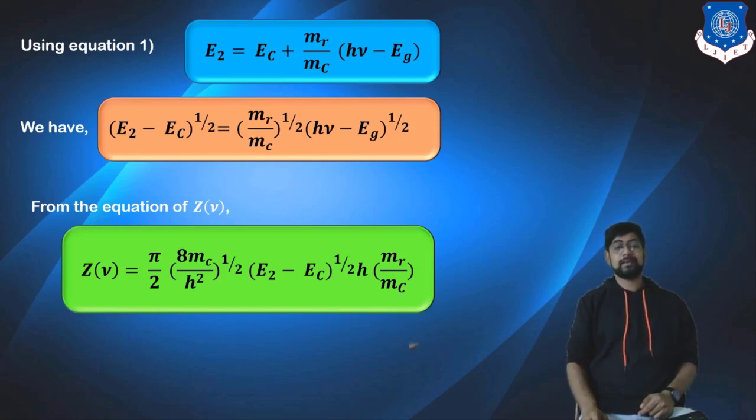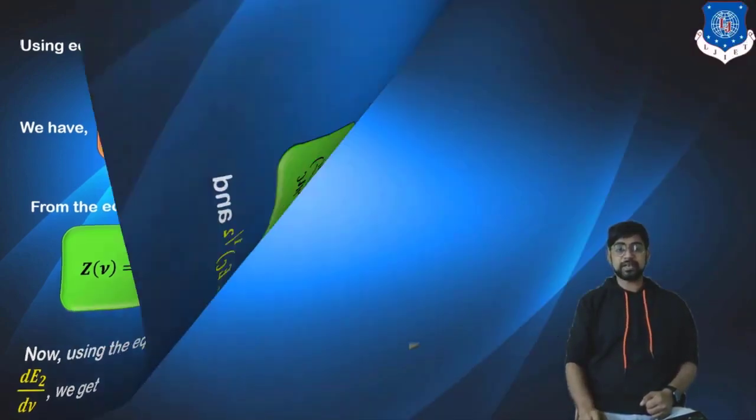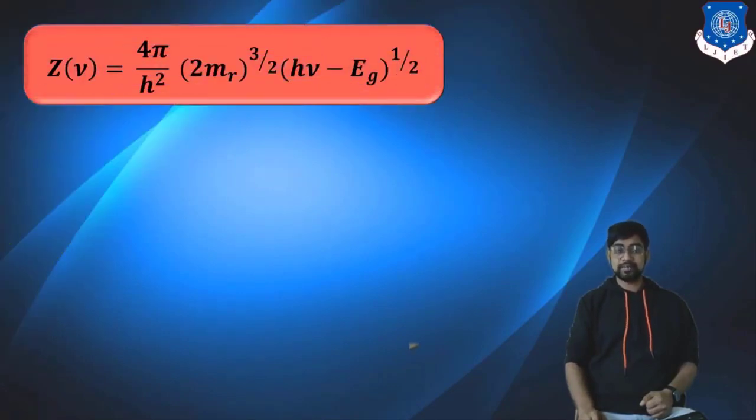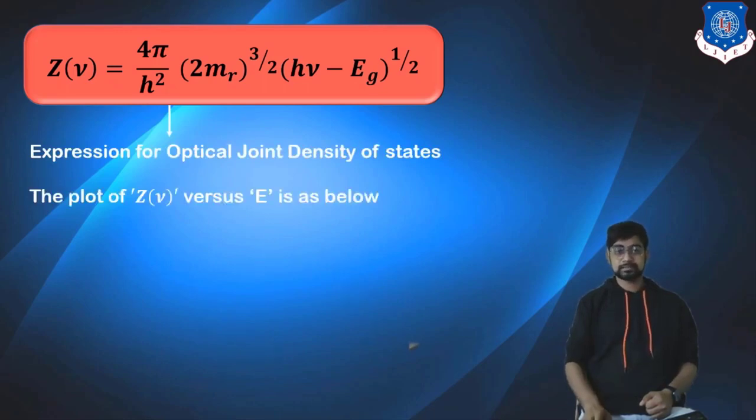Almost all the terms are like the density of states that we have already derived. Using E2 minus EC, the steps are almost the same, with dE2 by dv, and we get the final equation: Zv equals 4 pi by h square into (2mr) raised to 3 by 2 times (hv minus Eg) raised to 1 by 2. This is the expression of the optical joint density of states.